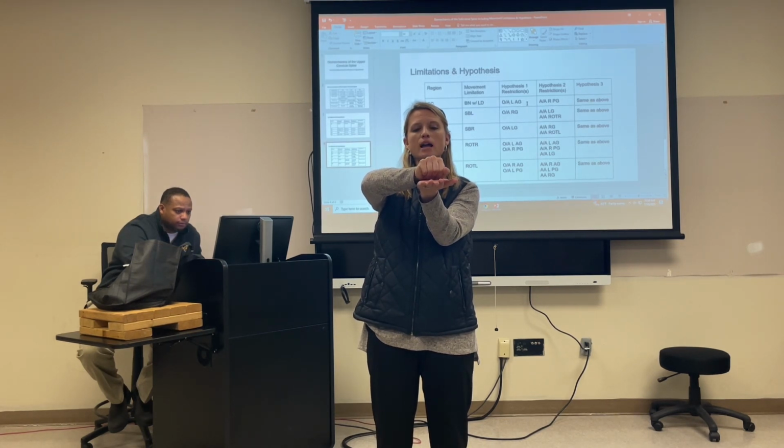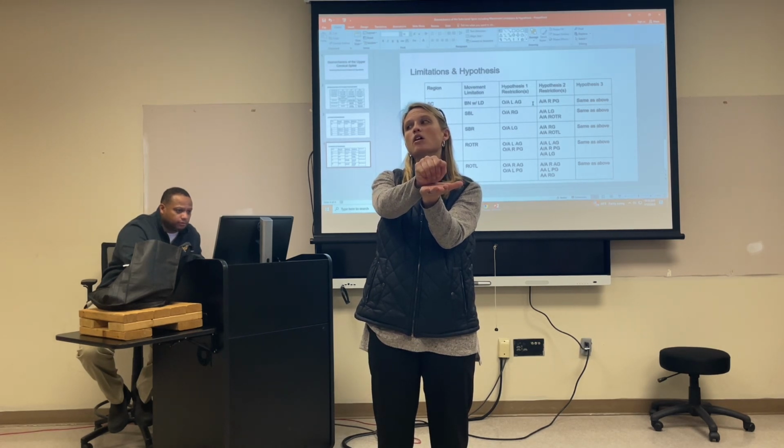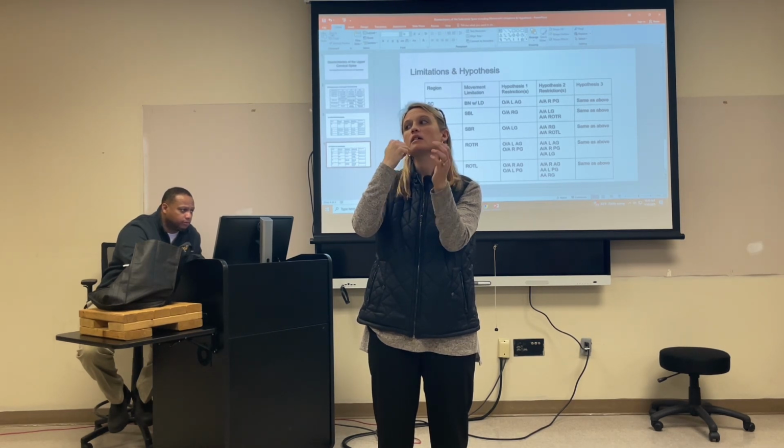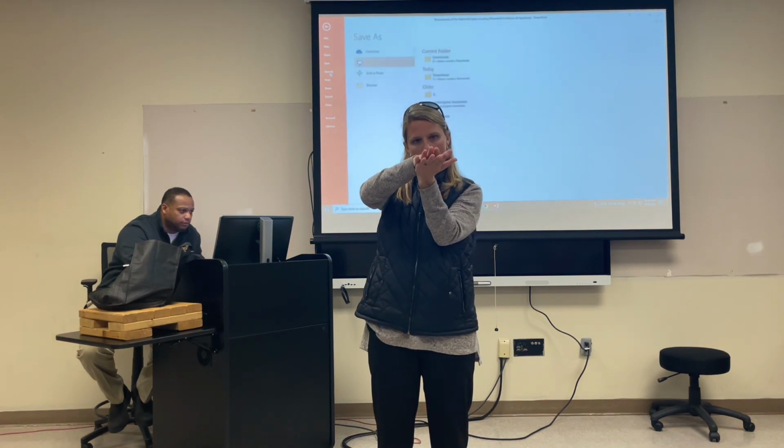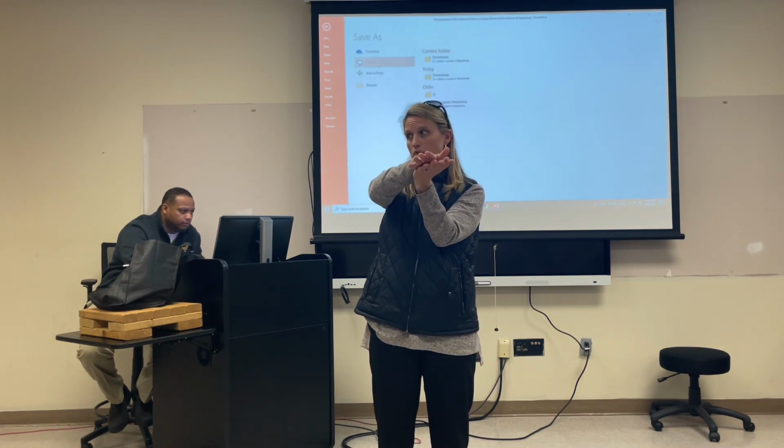So let's just say my left condyle will glide freely, but my right condyle will not glide freely. It's going to cause my chin to deviate to the right, because the left side continued to go anterior, but the right side did not. So my chin will come up to the right.